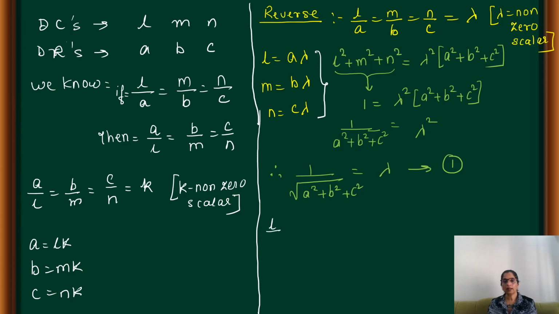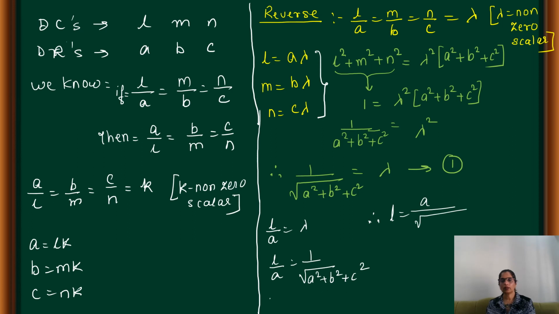So, L by A is equal to lambda. L by A is equal to 1 by root of A square plus B square plus C square. Therefore, we can say that L is equal to A by root of A square plus B square plus C square.